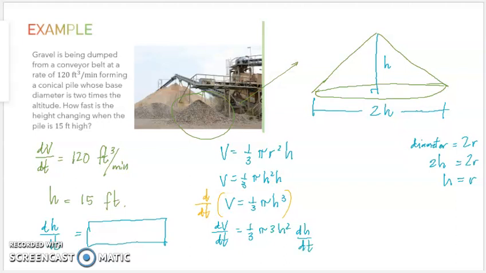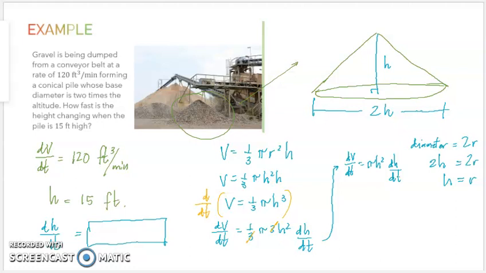And we can see here that we can cancel 3. And then we will just have dV/dt is equal to pi h squared dh/dt.